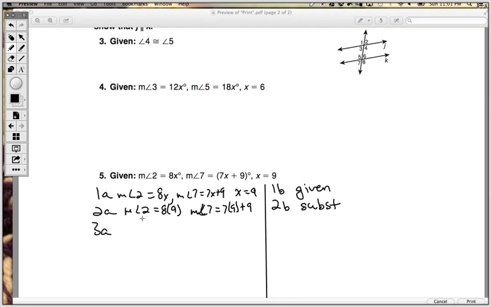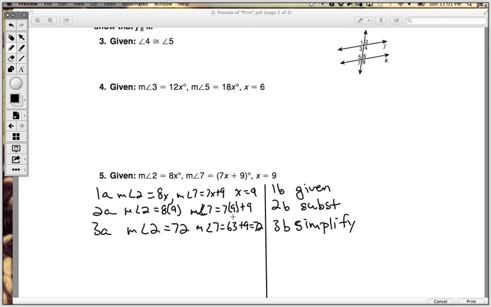Now we can simplify those. Well, 8 times 9 is 72. So measure of angle 2 equals 72. And if we have measure of angle 7, 7 times 9 is 63 plus 9. Let's see, measure of angle 7 equals 63 plus 9, which is 72 as well. And that is simplifying, just doing the arithmetic. Simplifying.